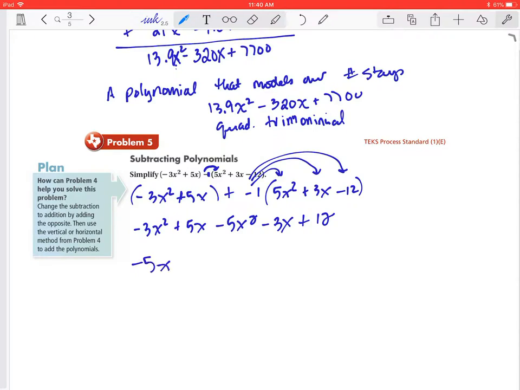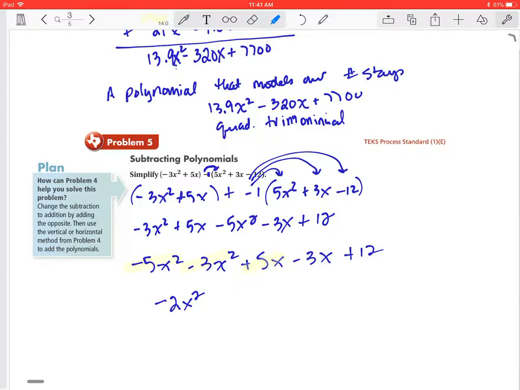So I'm going to say negative 5x squared minus 3x squared, in terms of the degree of the polynomials, plus 5x minus 3x plus 12. Now I'm going to combine like terms. I have negative 5x squared and negative 3x squared, which gives me negative 2x squared.